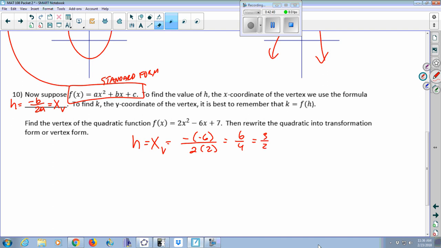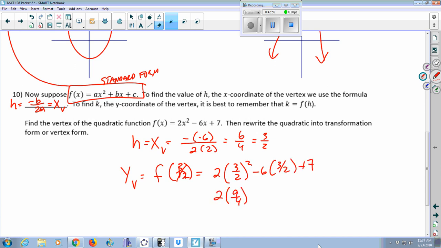Now to find the y value of my vertex, I plug in h, the value of h, into my function. So let's see, 2 times 3/2 squared minus 6 times 3/2 plus 7. 2 times 9/4 minus 18/2 plus 7. 18/4.